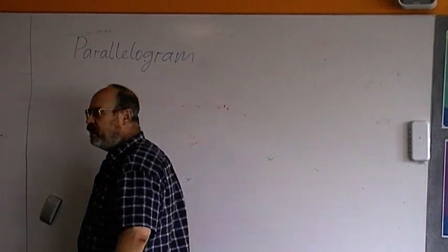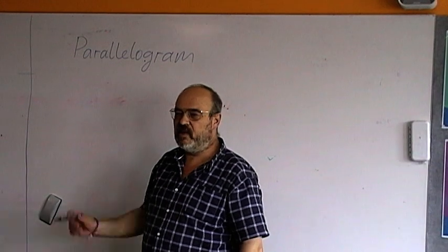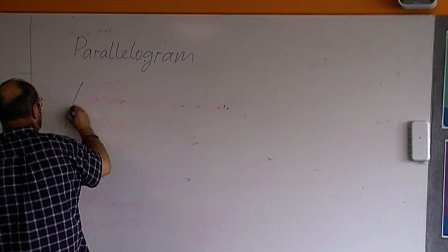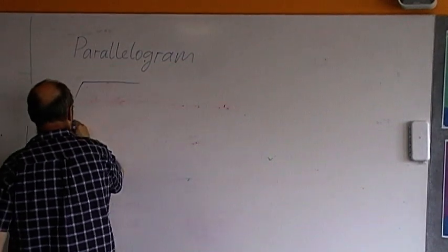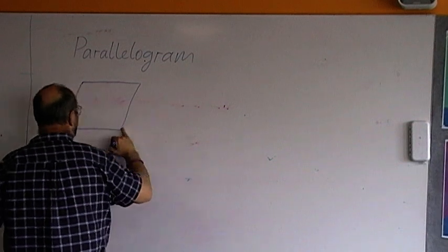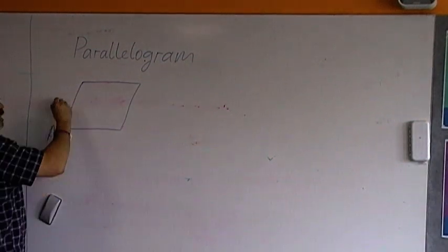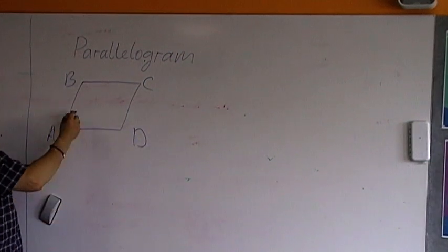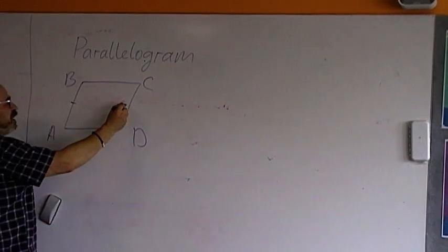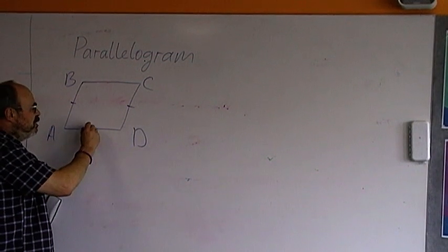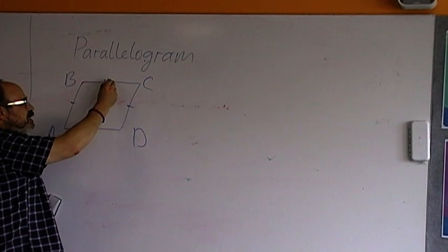So, parallelogram is a quadrilateral that has two pairs of parallel and equal sides. So we have A, B, C, D, and we have side AB equal to side CD. Side AD equal to side BC.